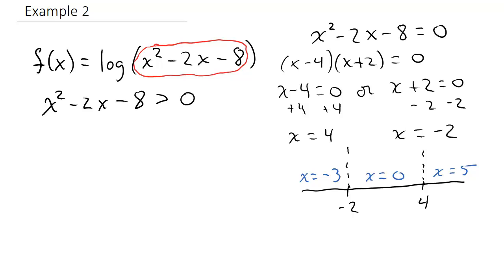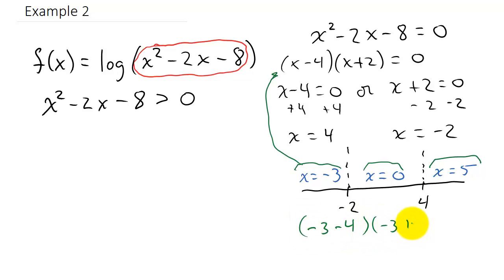So what I do now is take each one of these numbers that I chose and plug them back into this x minus 4 times x plus 2. If I take the negative 3 and plug it in, I get negative 3 minus 4 times negative 3 plus 2. I don't really care what the exact value is.